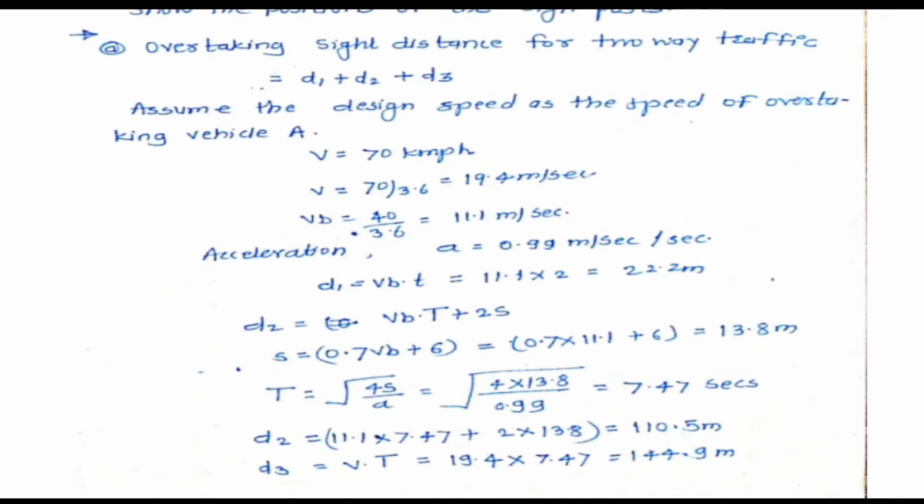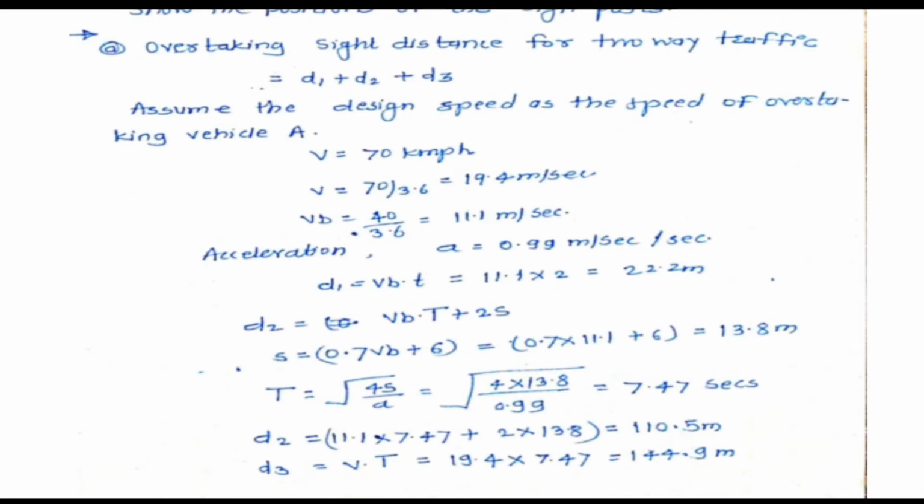So first we have to calculate the value of s, and s can be calculated by using the formula s equals 0.7 into VB plus 6, that equals 0.7 multiplied by the value of VB, that is 11.1, plus 6, equals 13.8 meters.